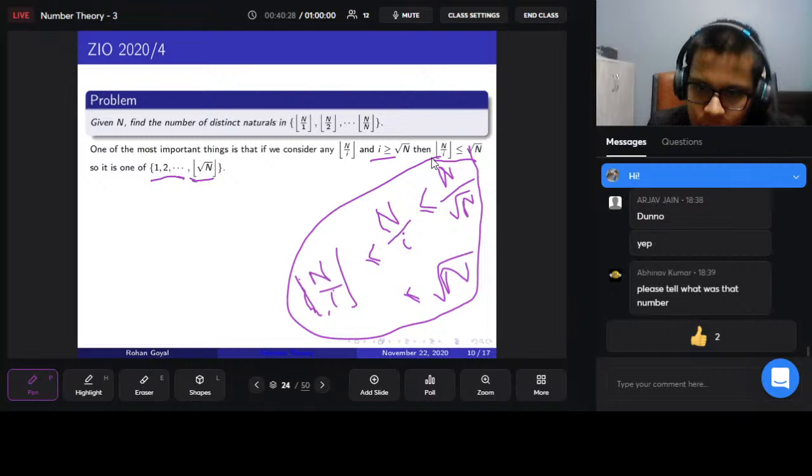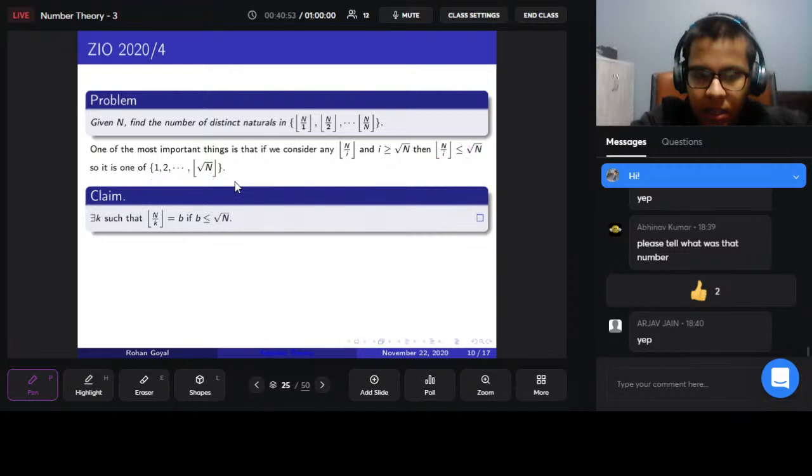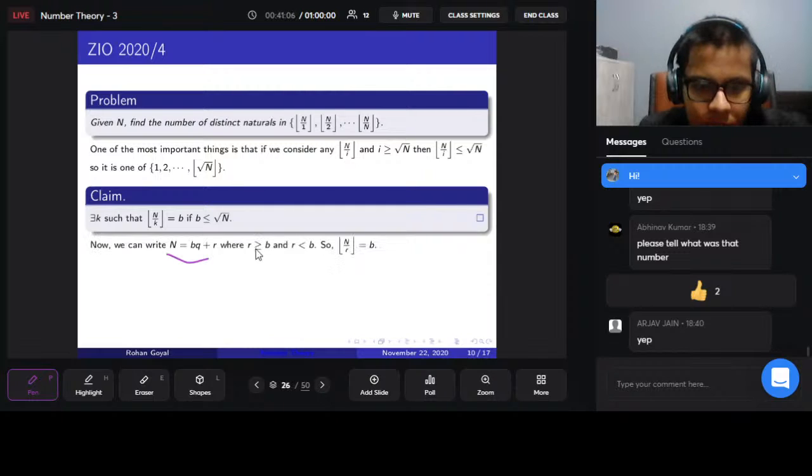Now, can I claim that every value of this set is achievable? In fact, I can. Let's see how. We claim that there exists a k such that floor of n by k equals b if b is less than or equal to root n. By Euclidean division lemma, we can write n equals bq plus r, where q is greater than or equal to b, because b is less than or equal to root n, and r is less than b.